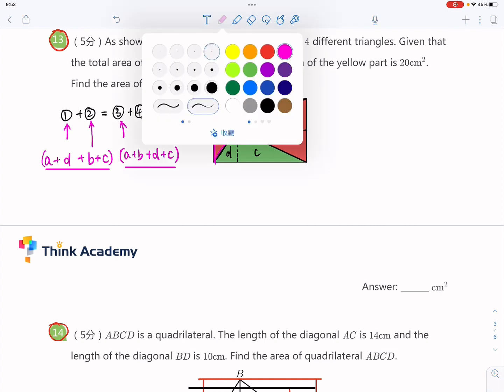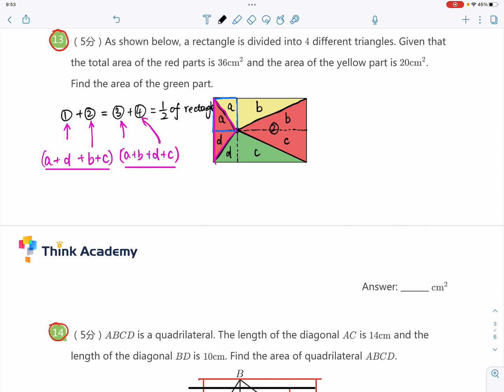Okay? So based on that, let's try to solve the question. We know that the red parts, the total area is 36. That means part 1 plus part 2 equals 36. And that equals half of the area of the rectangle, which is also part 3 plus part 4, right? And here, the part 3 will be the yellow triangle.